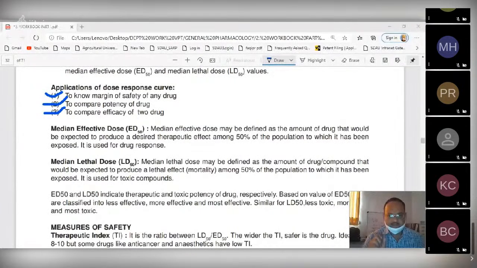Now try to understand. Suppose you have given paracetamol to a group of 100 rats, and out of that, 50% of animals respond, then your dose is known as the median effective dose. It's a very simple definition. The dose which produces the desired therapeutic response in 50% of the animals exposed is known as the median effective dose, that is ED50.